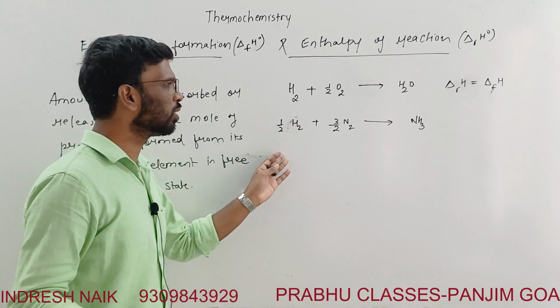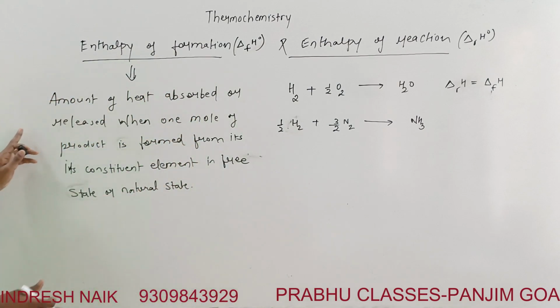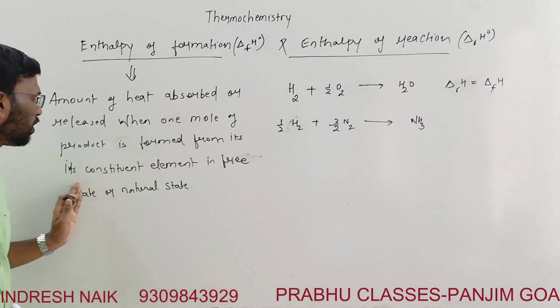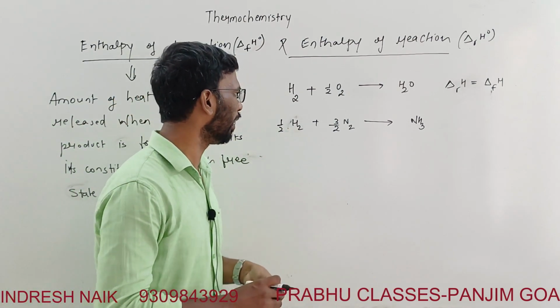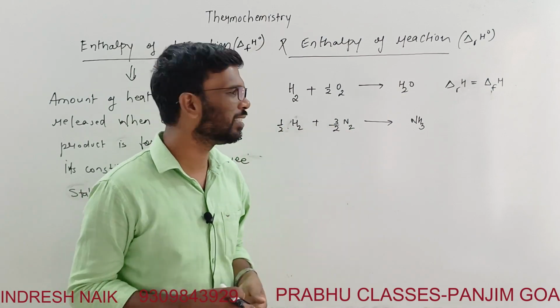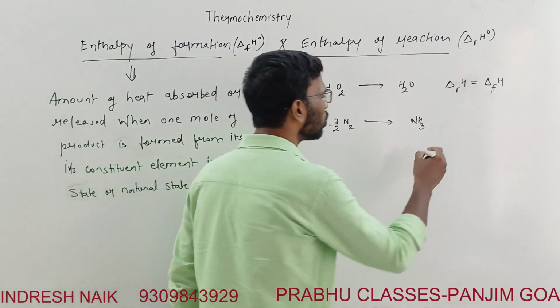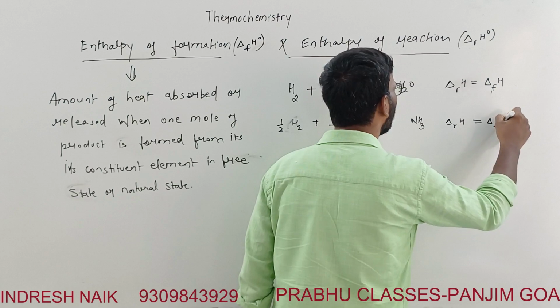Why not 3? Because I want 1 mole of ammonia in the product. That is as per the definition: the amount of heat released or absorbed when 1 mole of the product is formed from its constituent elements. Hydrogen is in the natural state as H2, and in the free state also, H2 and N2 exist this way. So here also enthalpy of the reaction is equal to enthalpy of formation.